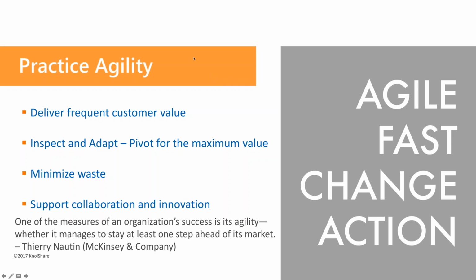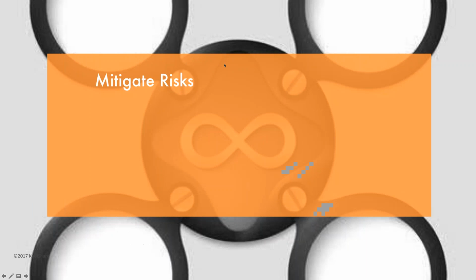The fifth element that we look at is that companies want to mitigate risk. And mitigating risk is one of those things that we do every day in our life. Although most of us would prefer to just avoid risk, the reality is risks are always there. They're always present in our lives. So in business, when leaders are able to mitigate risk before it becomes an issue, good things happen.